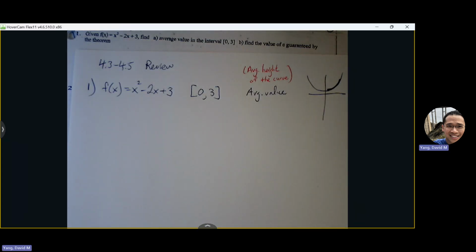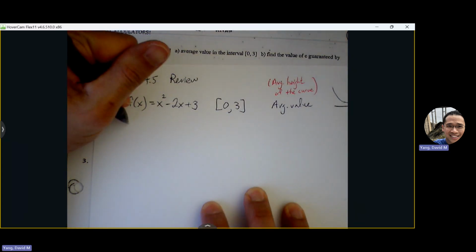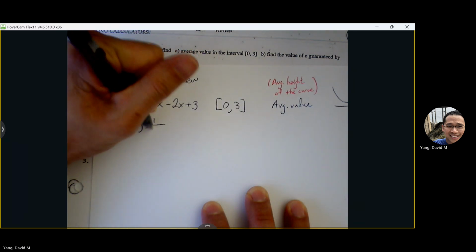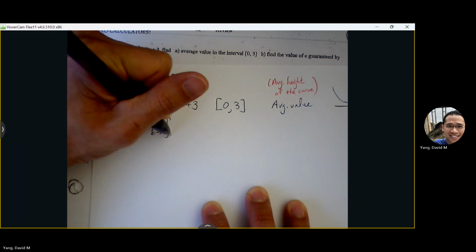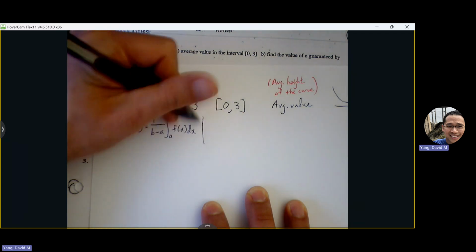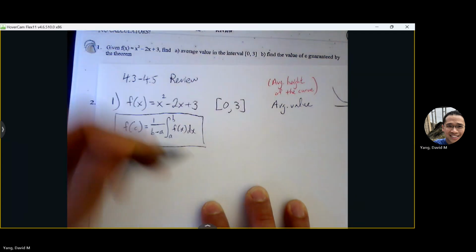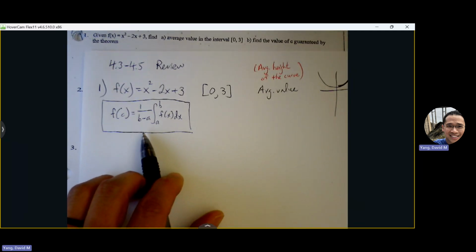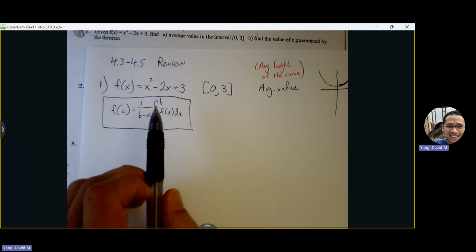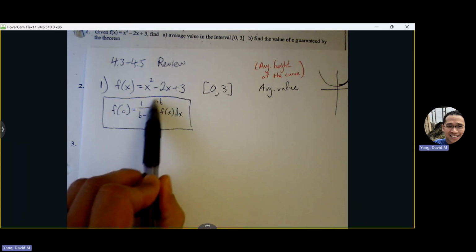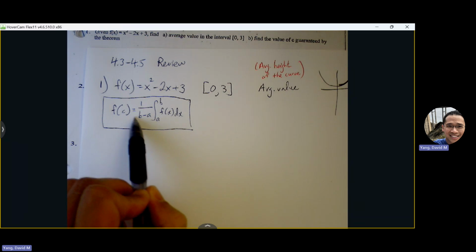So we have a formula for that. Average value, that's the average value theorem. This is the formula we're going to apply here. We need to make sure we memorize this formula as well, but it's basically just rearranging your area formula for a rectangle. This portion represents area, and your b minus a represents your width.